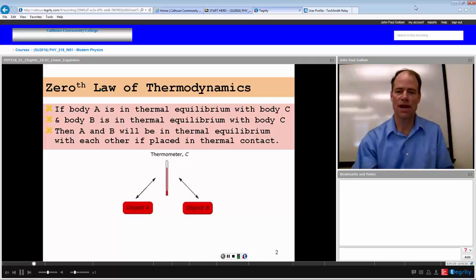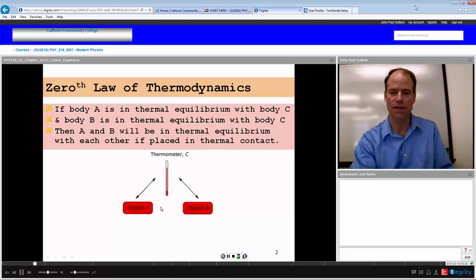They would have thermal equilibrium. This allows us to establish a temperature based on body C.